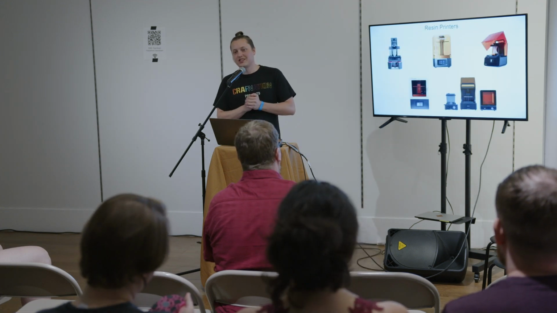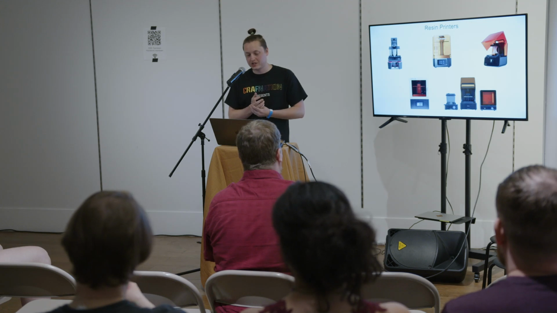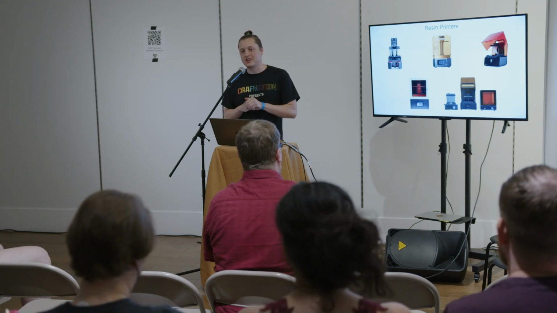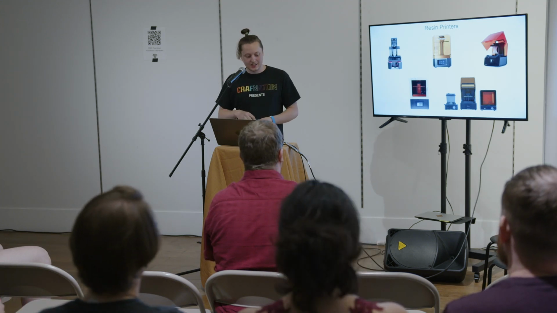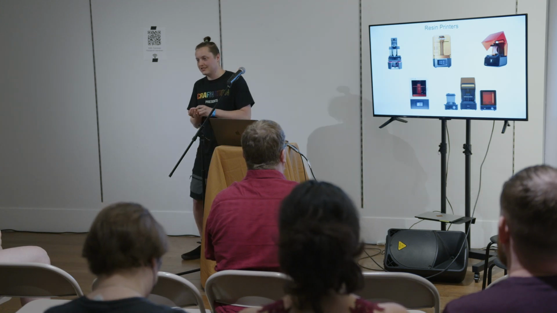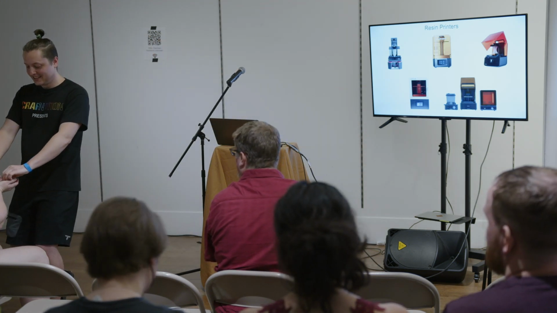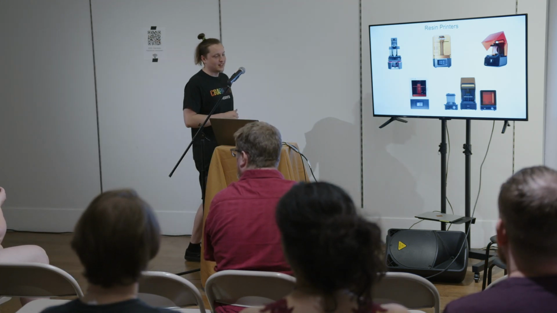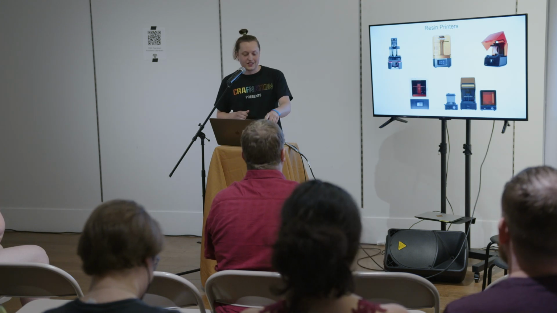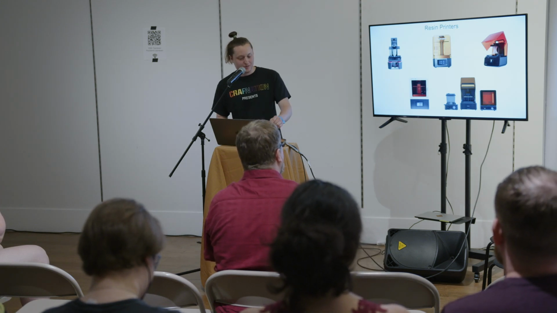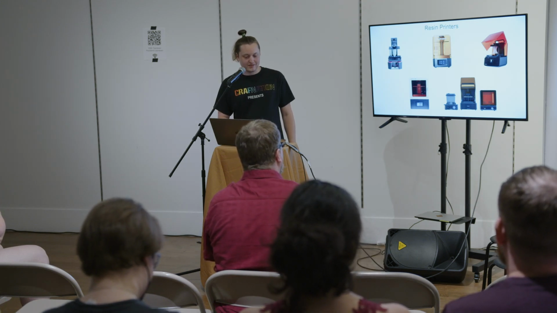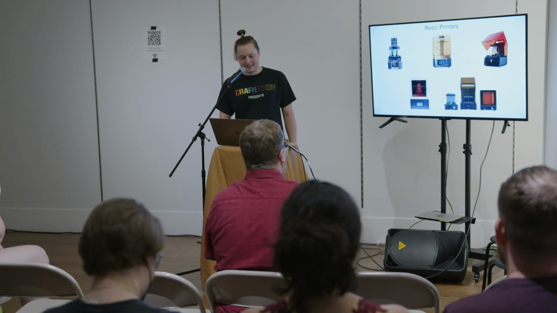Resin printers are really fantastic if you want fine details. They kind of all look the same, with a build plate, and the print gets pulled out of a resin vat.